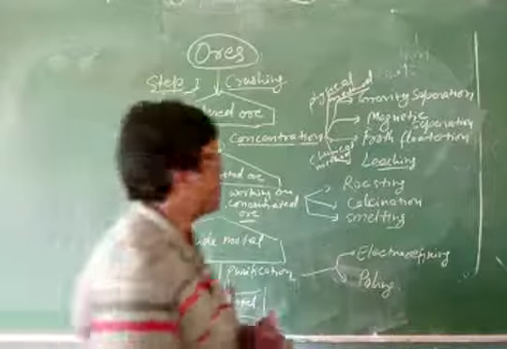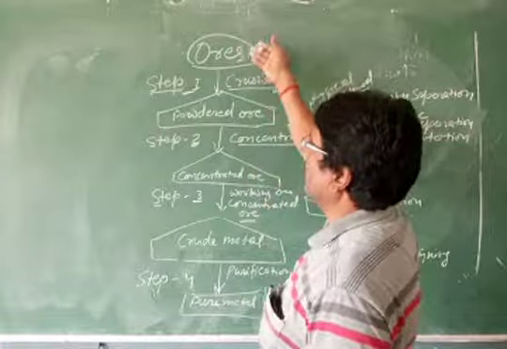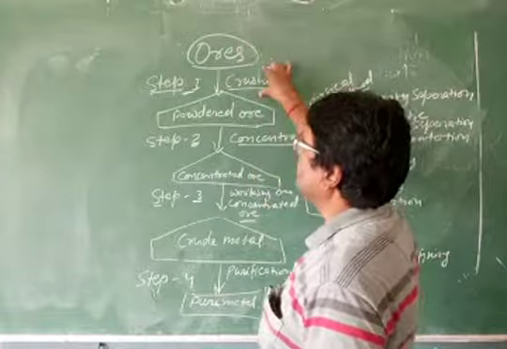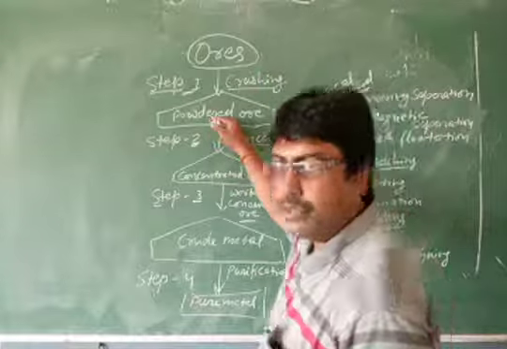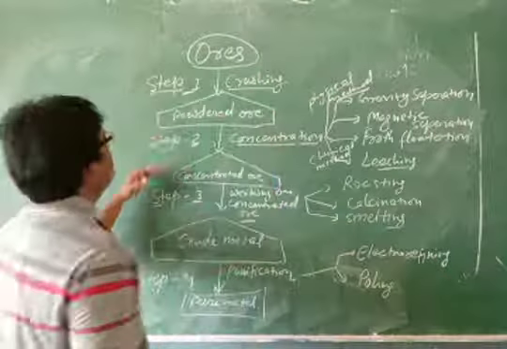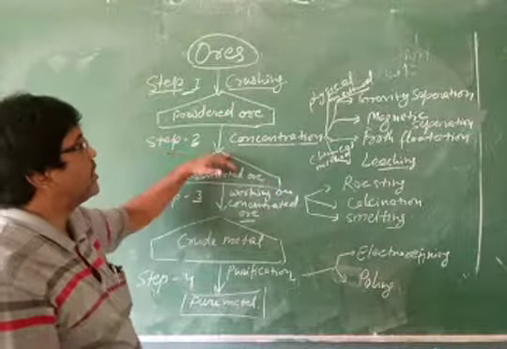In the first stage, ores from mines are first crushed into powdered form. Thereafter, in the second stage, it is concentrated.